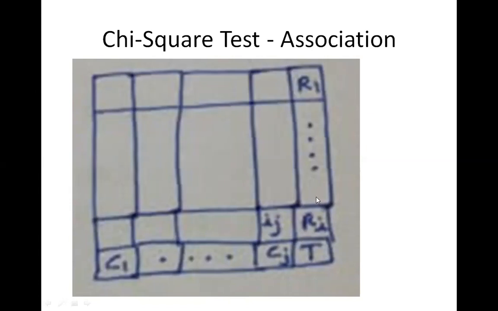You can total from this side or this side, the grand total will remain the same. And any particular cell in this grid or table is denoted by the symbol ij, that is the cell corresponding to the ith row and jth column. So this is how we write the cross tabulation symbolically.